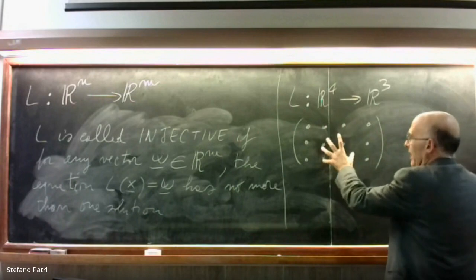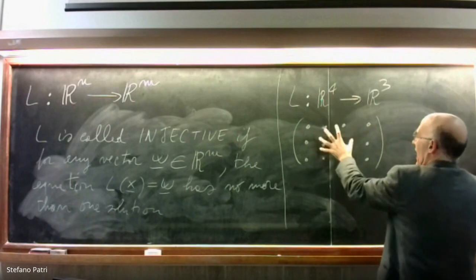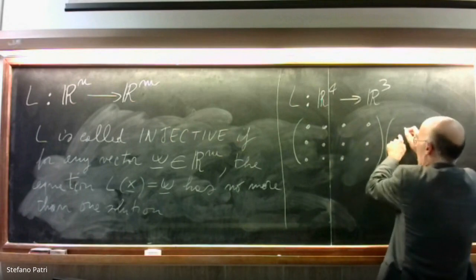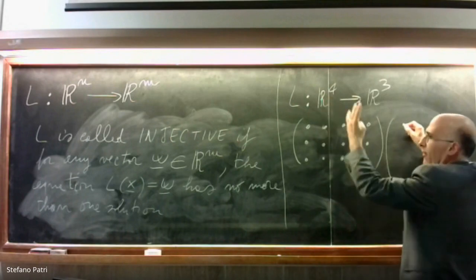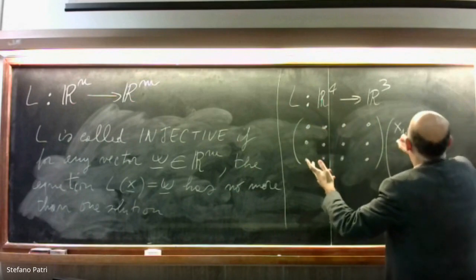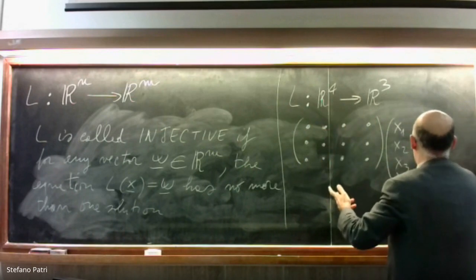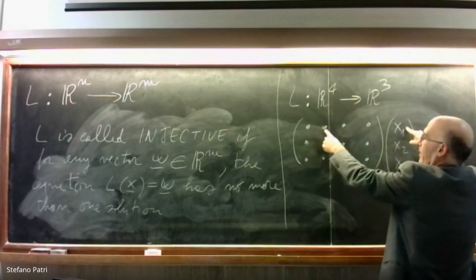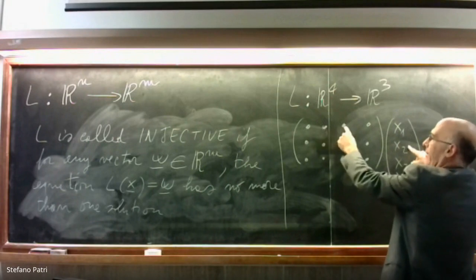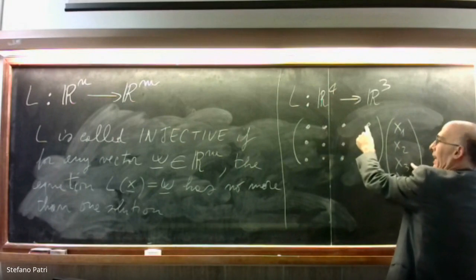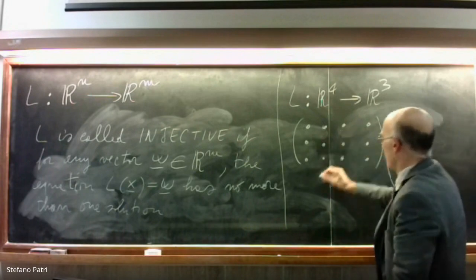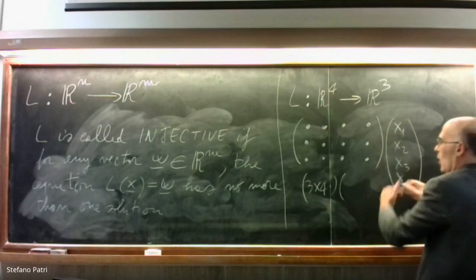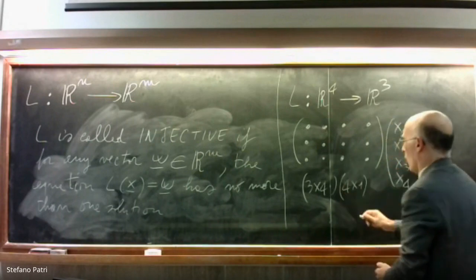We solve the linear system L times a vector belonging to R4, that is having 4 components x1, x2, x3, x4. This matrix is 3 times 4 times 4 rows by 1 column.